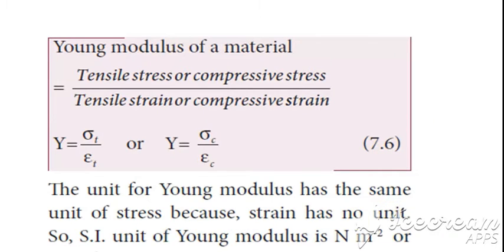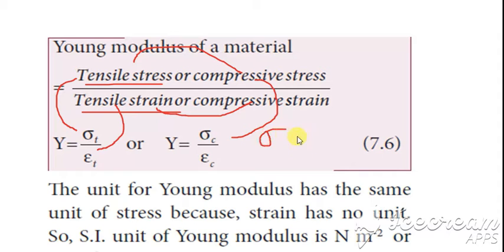So when you write this as an equation, Young's modulus is equal to tensile stress by tensile strain, or compressive stress by compressive strain. The tensile stress we write as sigma t divided by epsilon t, because we are considering this value to be tensile. For compressive, it is sigma c divided by epsilon c.